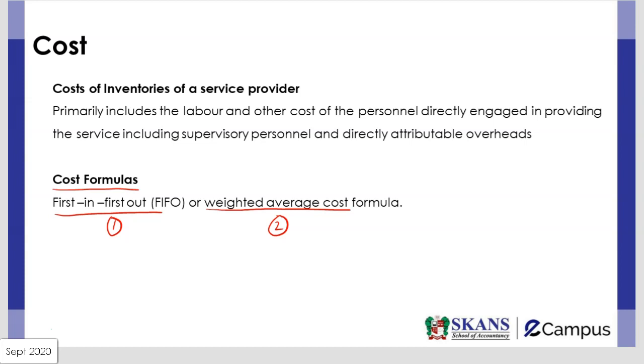First in, first out means that the inventory is recorded in a sequence and the record is kept, and it is assumed that whatever items were purchased first, they will be sold out first as well. Whereas in case of weighted average cost, at the time of every purchase, inventory value is calculated again overall.